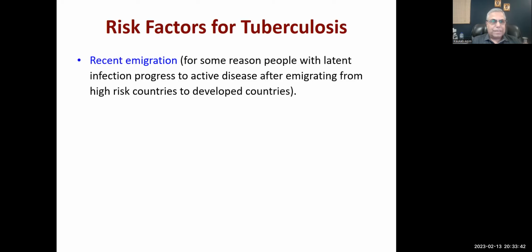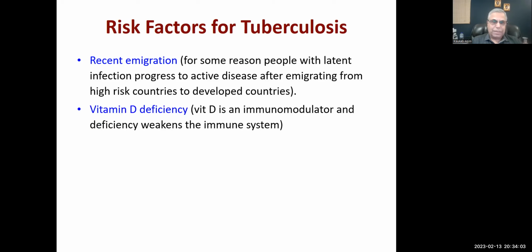So risk factor, recent emigration or immigration into the USA. Emigration means going out, immigration means coming into some country, right? So as I said, in the USA, it is mostly the immigrants who get a reactivation of the disease. So that's a risk factor.